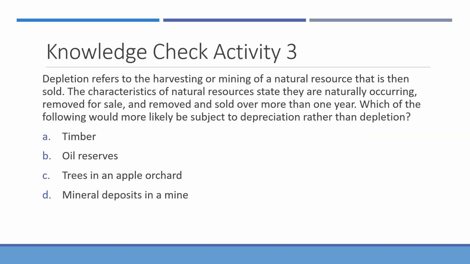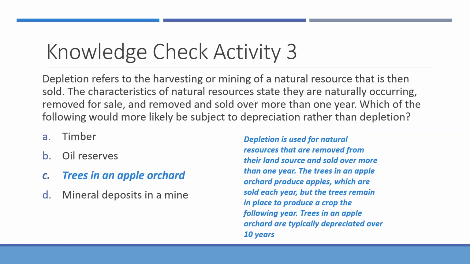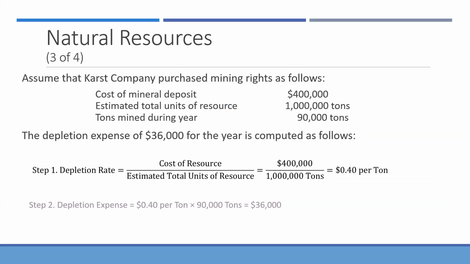So for example, if next year a new report comes out and we think there's only 500,000 tons remaining, we'd take the 500,000 remaining tons and divide into the remaining cost, and that would be our new rate next year.